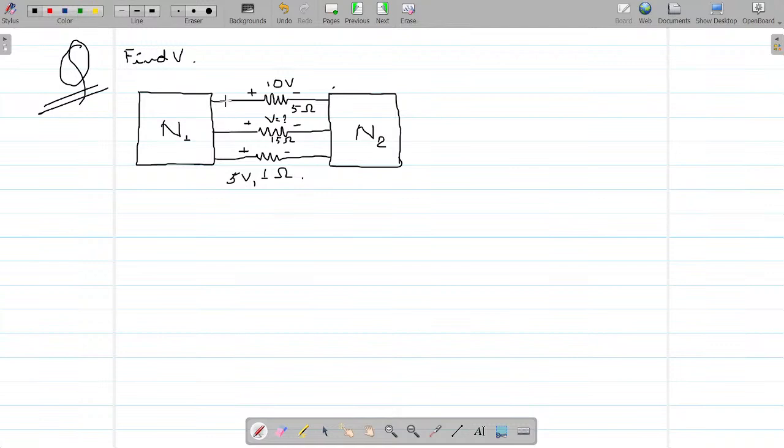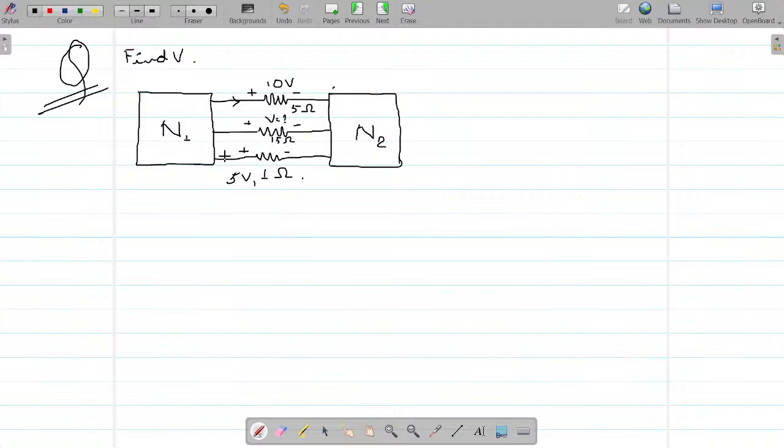Okay, so you're given the polarity in each resistor, right? Can you determine the direction of current in each case? What have we learned? We learned that wherever we see a plus sign, the current is in that direction, plus to minus.